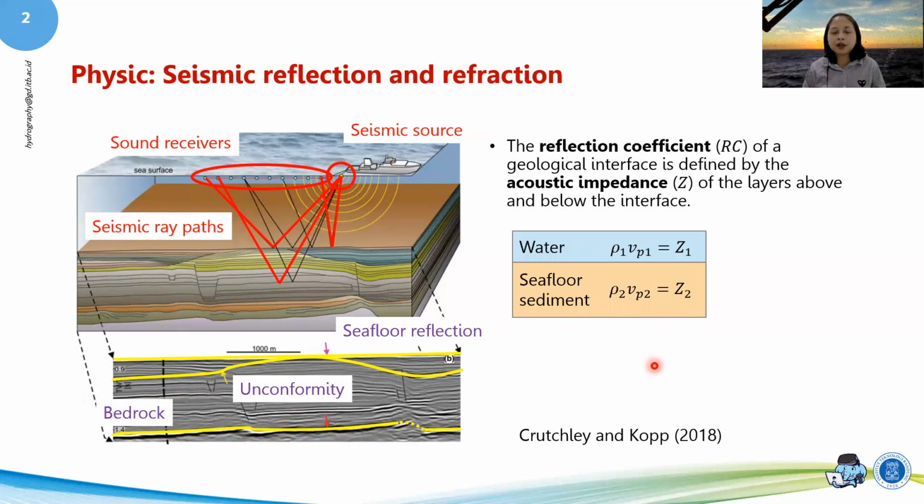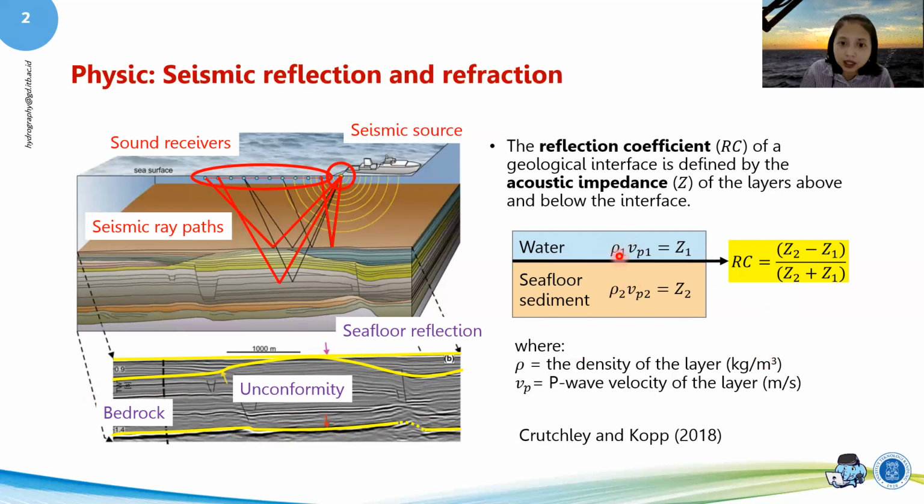So here we've got, for example, two layers, the water layer and the seafloor sediment. We've got the density of each layer, and then the P wave velocity. I'm not going to discuss P wave velocity, but basically it's one of the waves that can be tracked, or recorded, from a seismic wave.